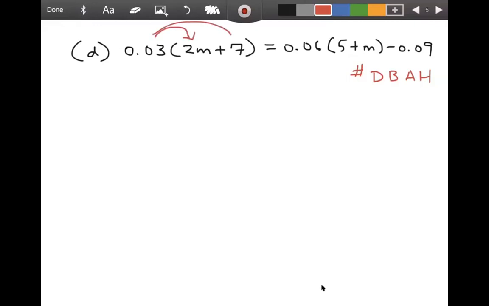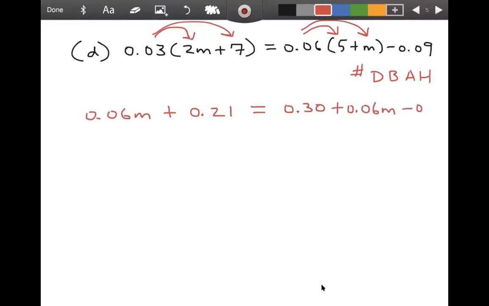0.03 and also 0.06. And that's going to give us 0.03 times 2m would be 0.06m plus 0.03 times 7, which is 0.21, equals 0.06 times 5 is 0.30. 0.06 times m is 0.06m.